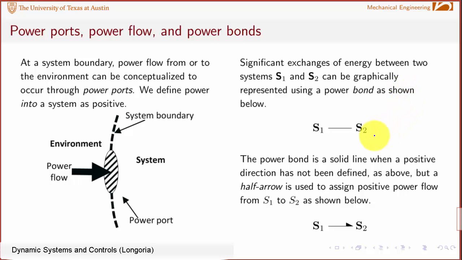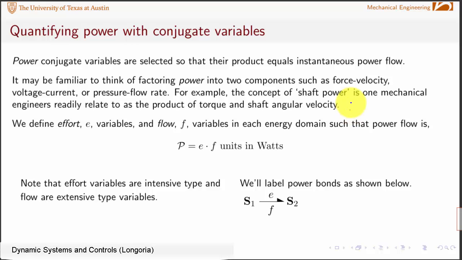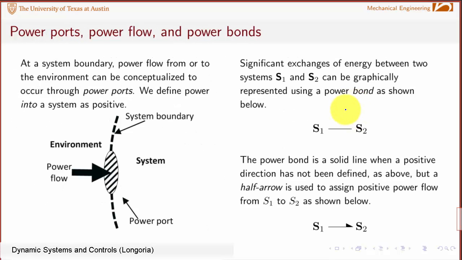We're going to start drawing these kinds of representations using words or symbols to represent systems. And graphically, we're going to represent a power interaction between, say, system 1 and system 2 using just a single line. We're going to refer to this as a power bond, right?